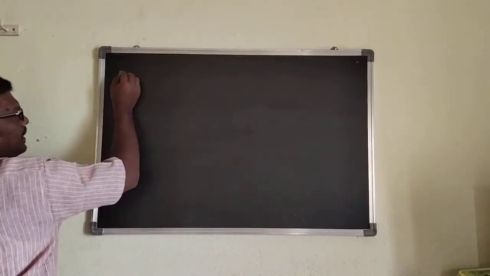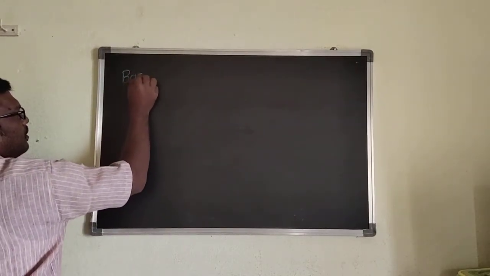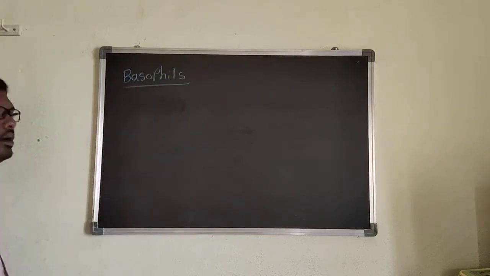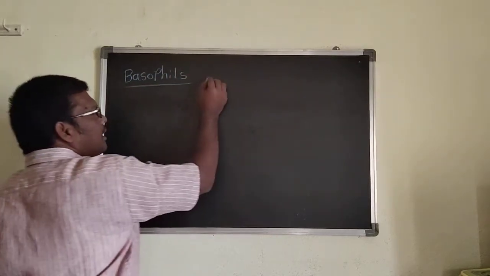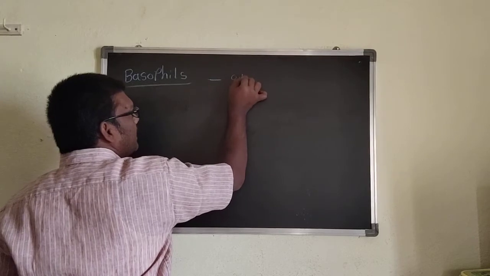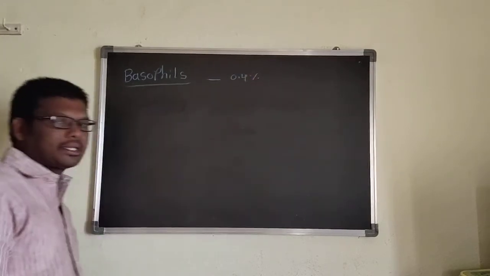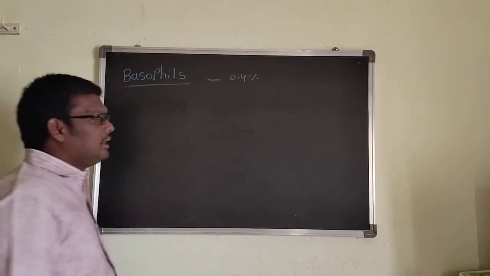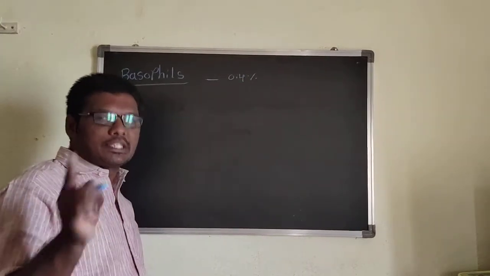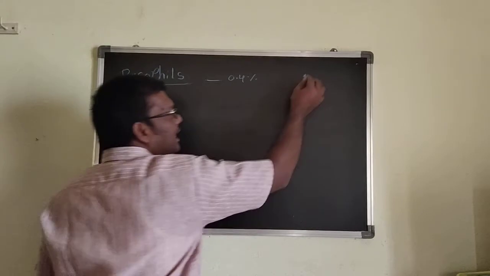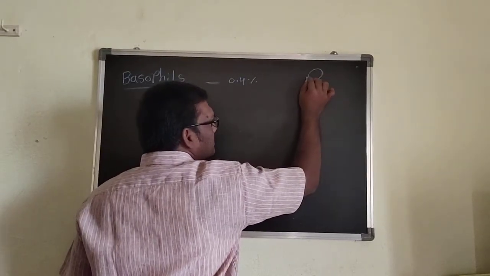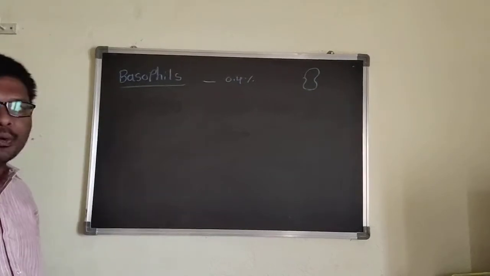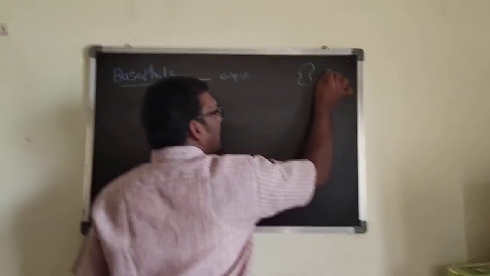And the next one is the basophils. Among the total leukocytes, basophils occupy 0.4%. And one thing I forgot, in acidophils the nucleus is a bilobed nucleus. This is called a bilobed nucleus, seen in the acidophils.